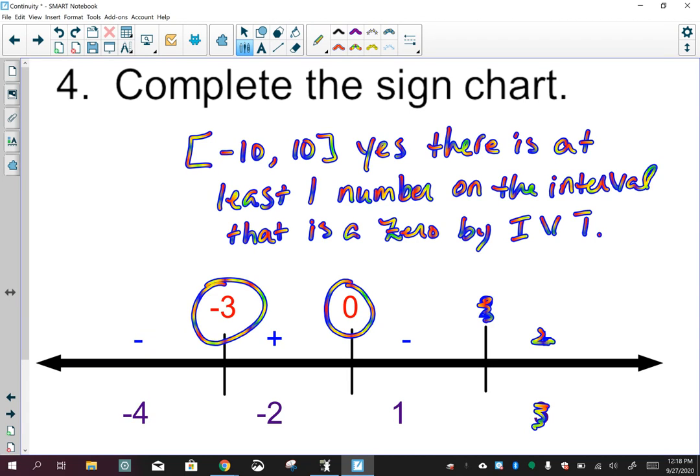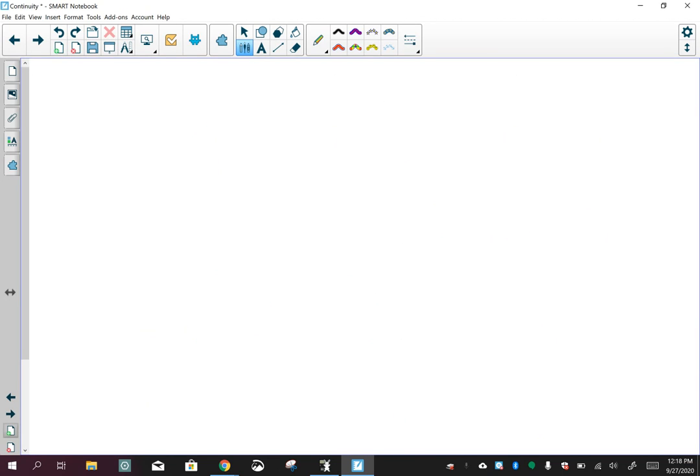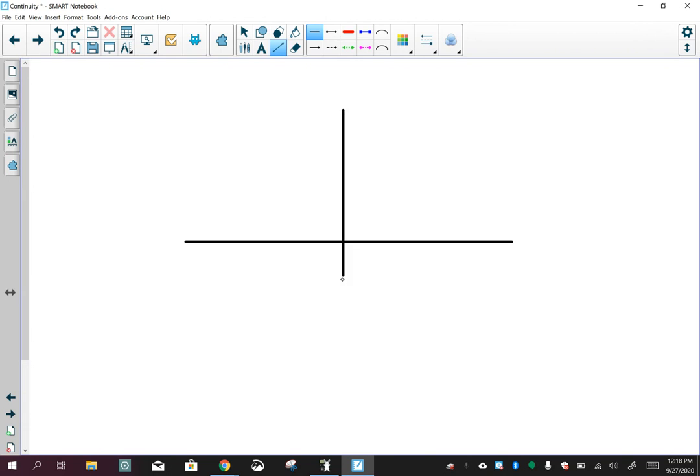Now, the reason why we had to break it down this way is because this is such a big interval that sometimes you can wind up with a function that does something like this. So I have this function over here. Let's see if I can draw something.